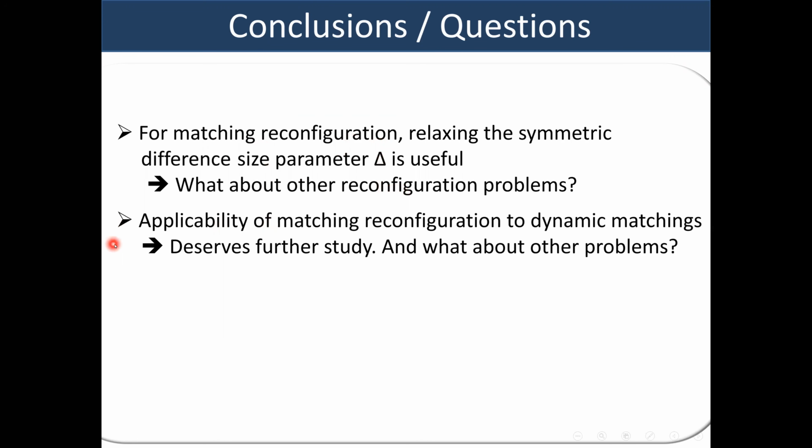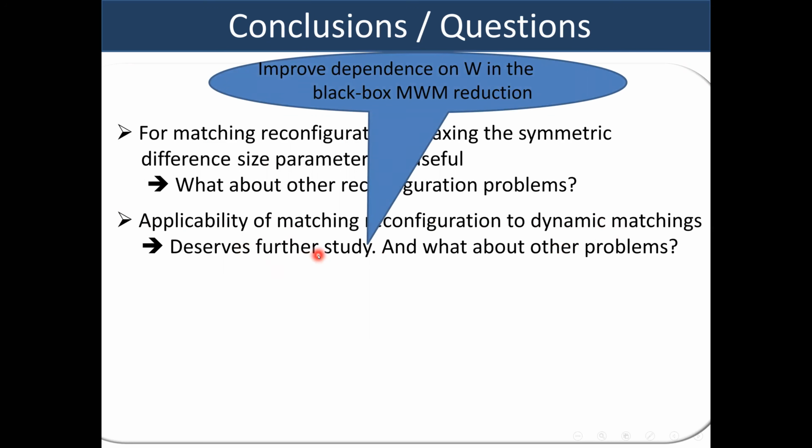Now, the main takeaway message of this work is the applicability of the matching reconfiguration problem to dynamic matching algorithms. And I believe this applicability deserves further study, and I'm not necessarily talking about improving the dependence on W in the theorem from the previous slide, the one on the black box reduction for maximum weight matching, which is also a nice question.